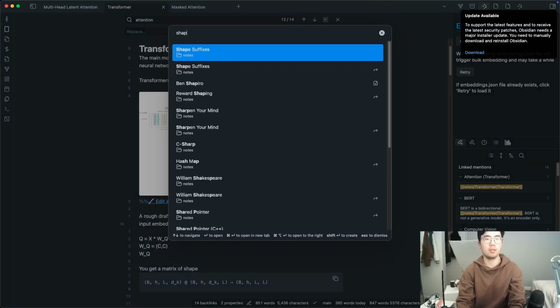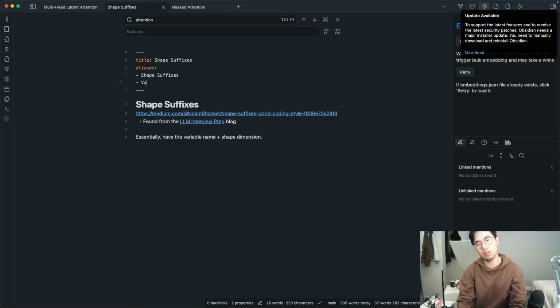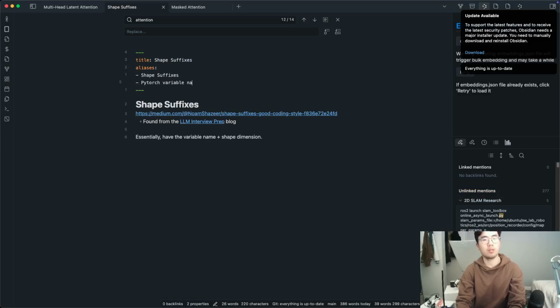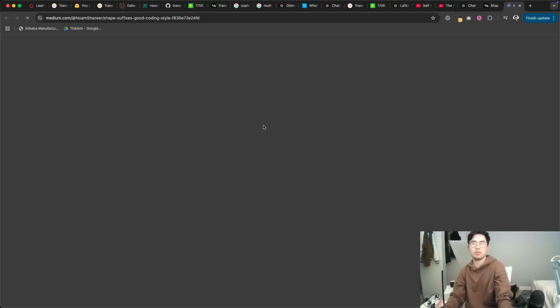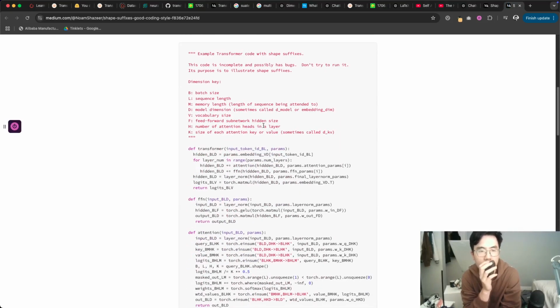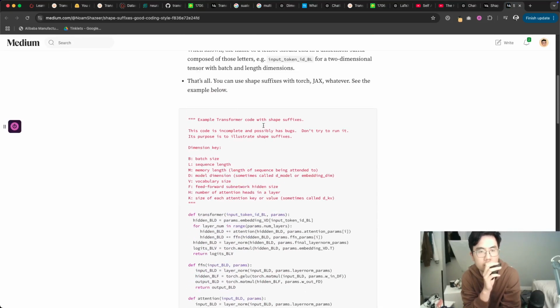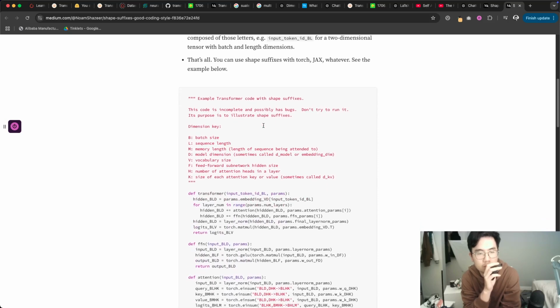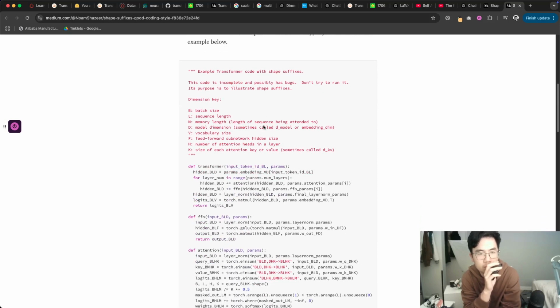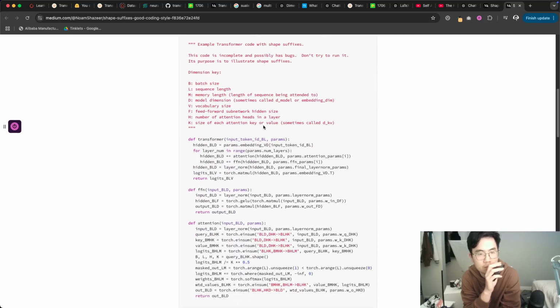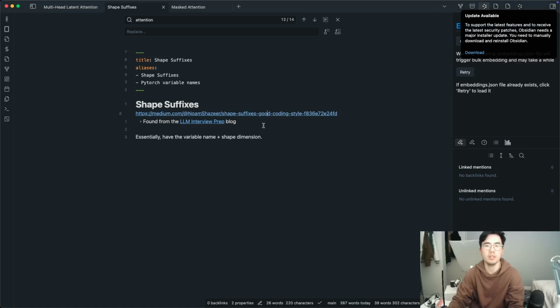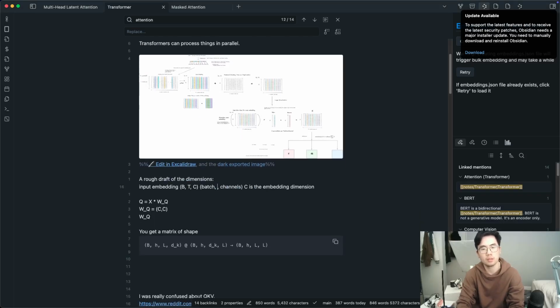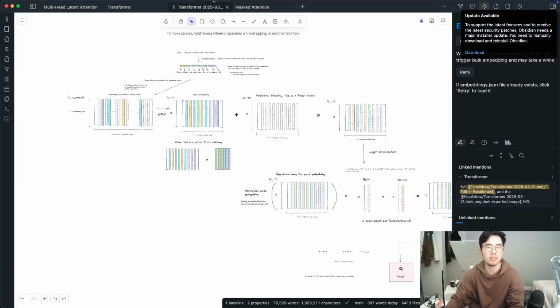Shape suffix: variable name plus shape dimension. I think L is better. I don't think T, like Karpathy used T, but T I think was confusing.